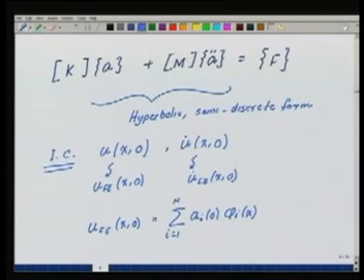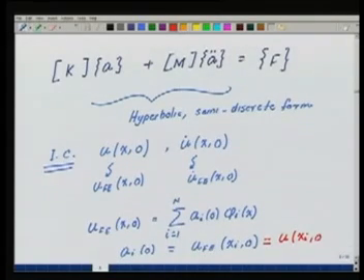Now if I am using the Lagrangian representation, then what are these a_i? These a_i are the value of u_FE at the corresponding node. So a_i(0) is equal to u_FE at the corresponding node x_i at time 0. What we are going to do is impose that this is equal to u at the node x_i and 0. This is one way of imposing the initial conditions.